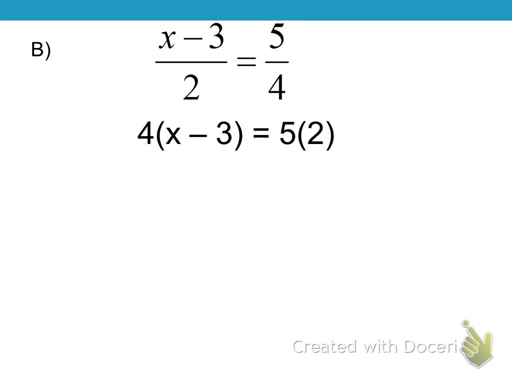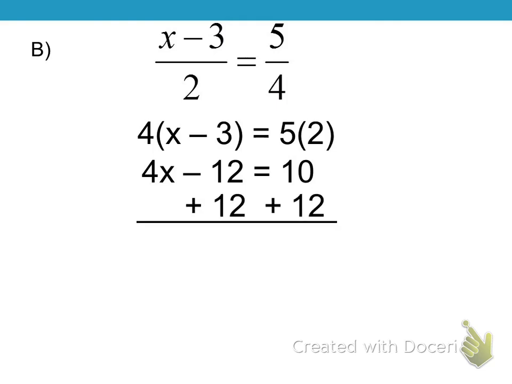Now we have to distribute the 4. What's 4 times x? 4x. What's 4 times 3? 12. So we have 4x minus 12 equals 10. Now what?